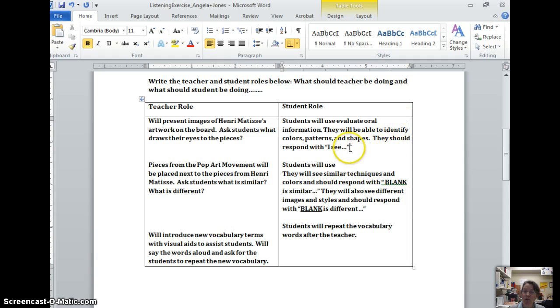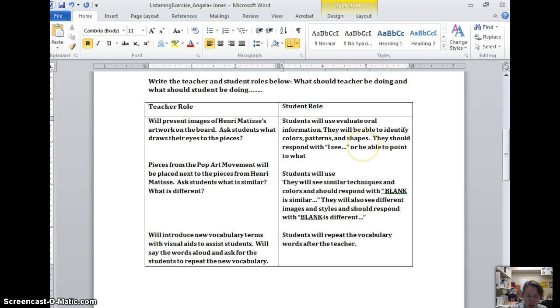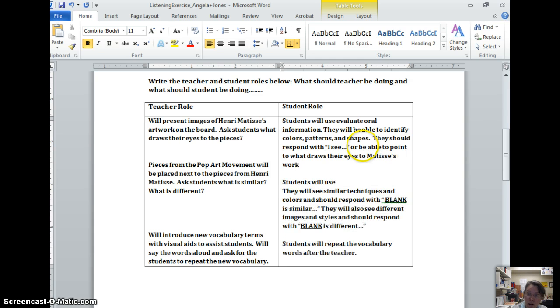So they should respond with I see, or be able to point to what draws their eyes to Matisse's work. See how I incorporated both the evaluation of oral information.